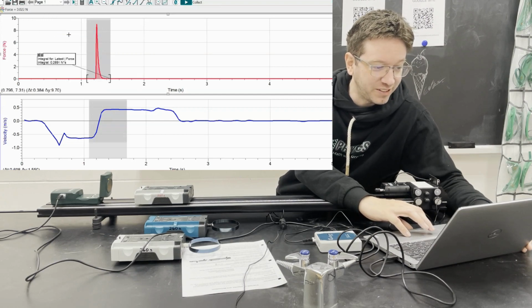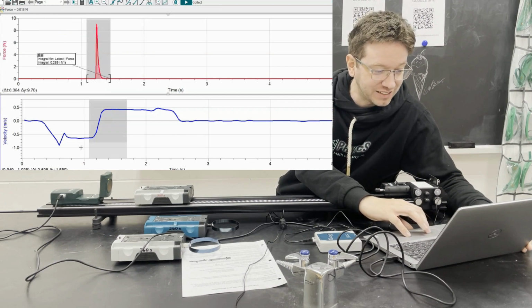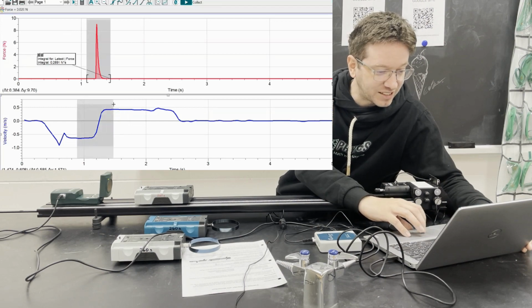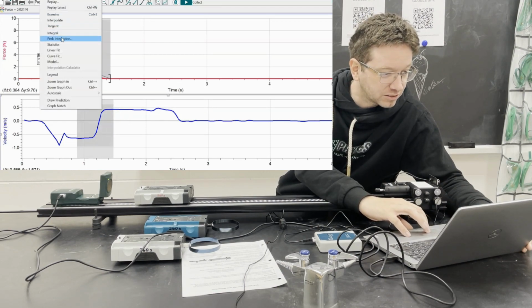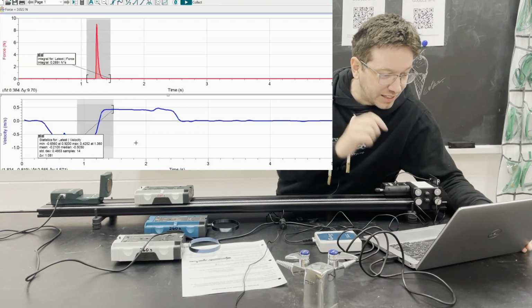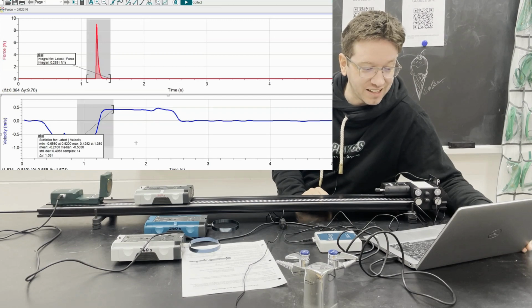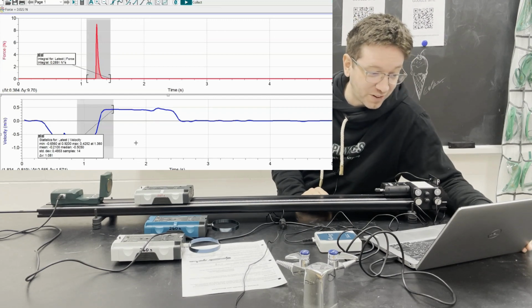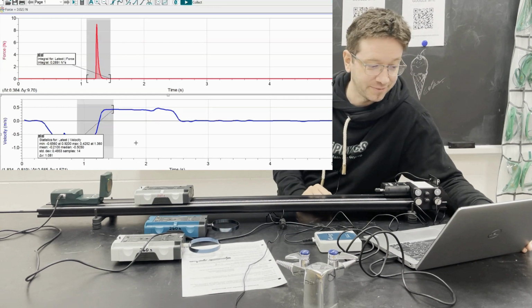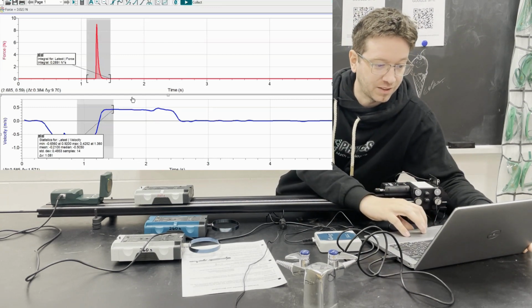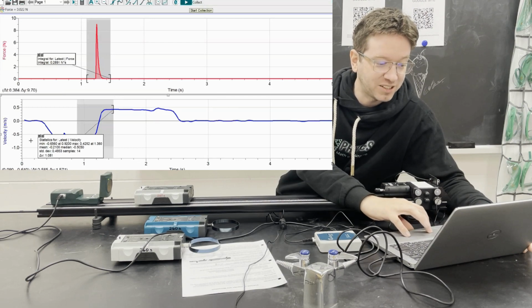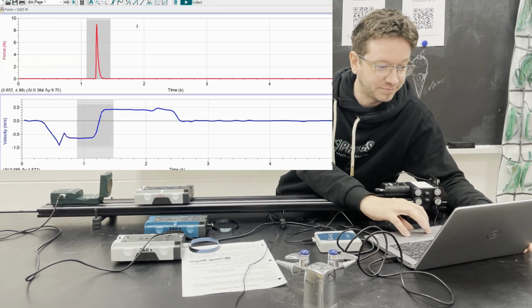We get 0.2891 Newton seconds with a change in velocity of initially negative 0.6560 meters per second, and finally 0.4252 meters per second.